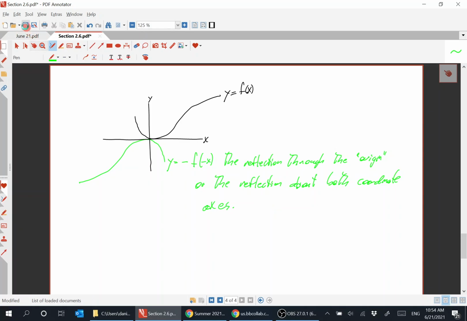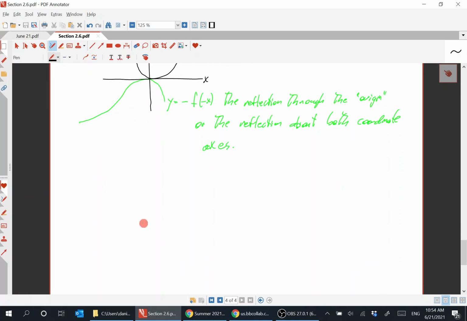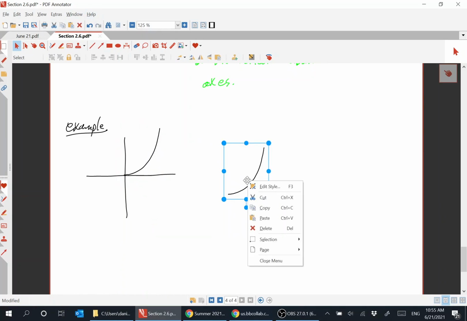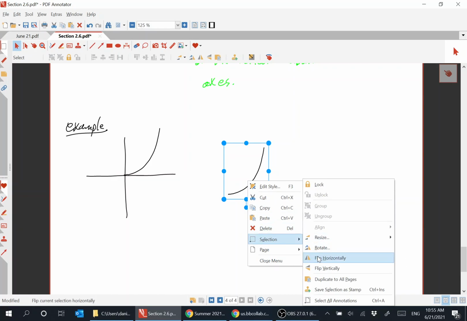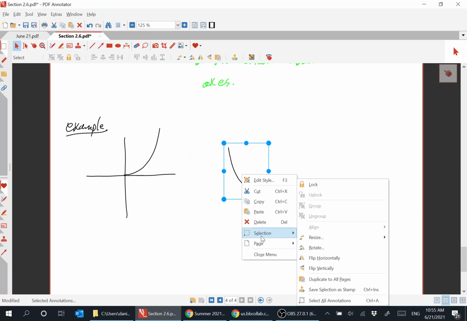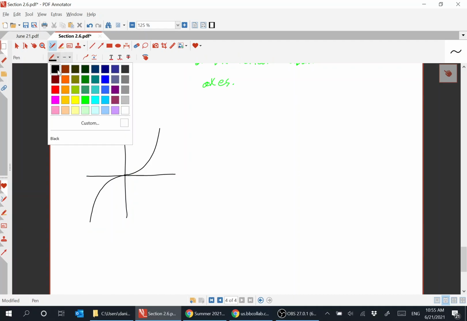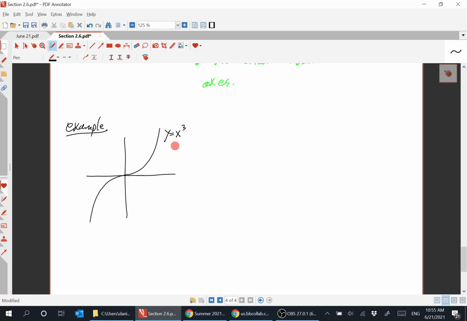Now, some functions, they don't change when you do that sort of thing. If I took this function here, this function here, this is actually the graph y equals x to the third.